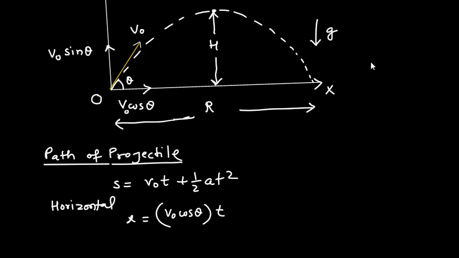And in horizontal direction, we know that acceleration is going to be 0. Why? Because there is only one acceleration which is acting vertically downward, that is acceleration due to gravity. So this is 0. Now we can write x is equal to v naught cos theta t, and this is equation 1.